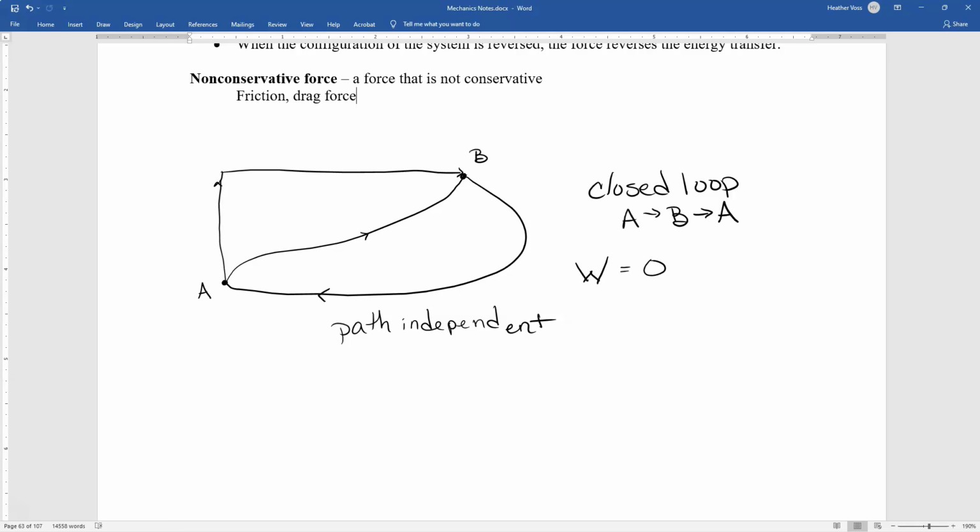If we are going in a closed loop by a conservative force, then what can be said is that the net work done by the conservative force on a particle moving around any closed path is zero. So this is the net work done as we go around that closed path. This is one thing I thought was fairly important that we add in here.